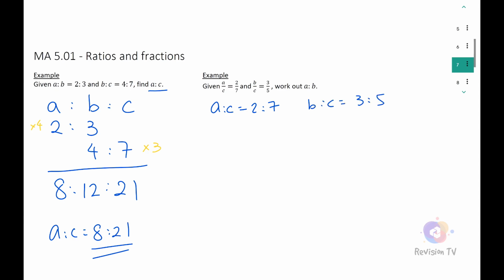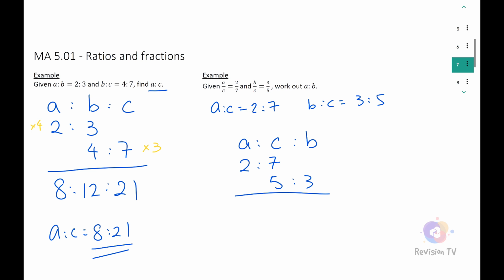Now note, this time C is the bridge. So instead of writing A to B to C with the same setup, I'm going to put C in the middle because C is the connector between A and B. So A to C is 2 to 7. B to C is 3 to 5, but we have to put C first. So it'll be 5 to 3 like this. Just be careful what number you're putting underneath what letter.